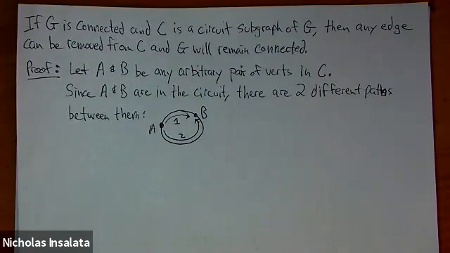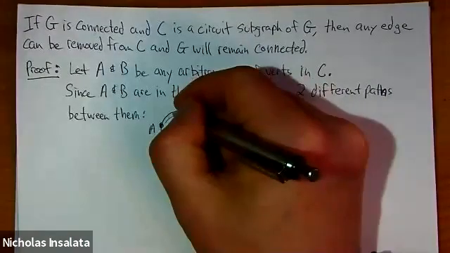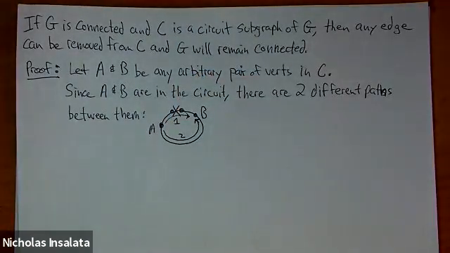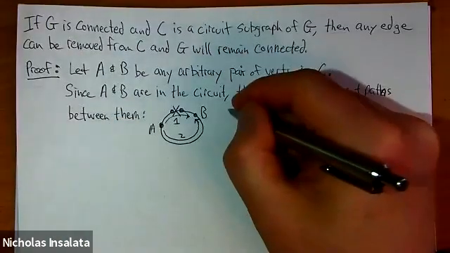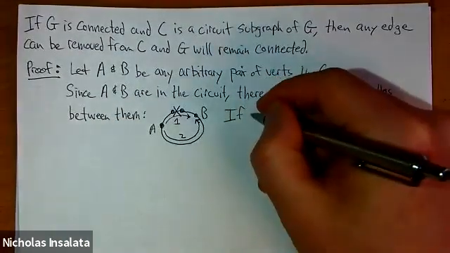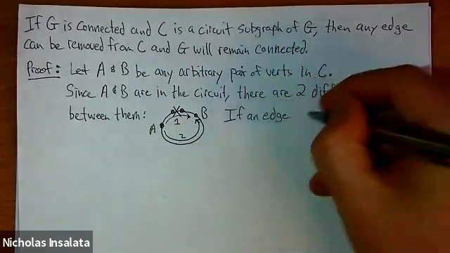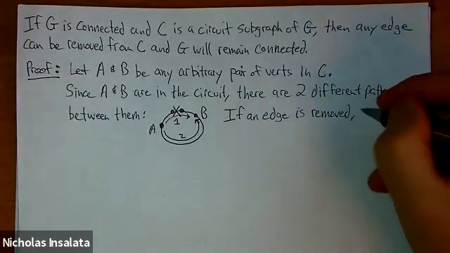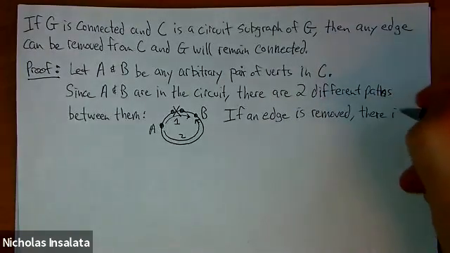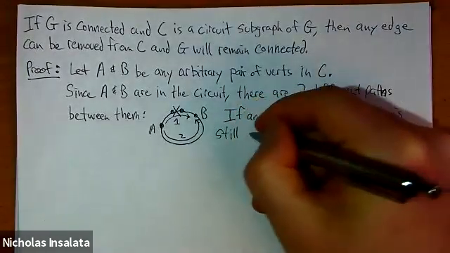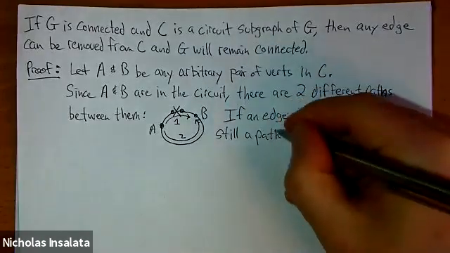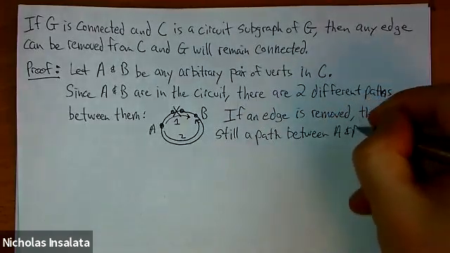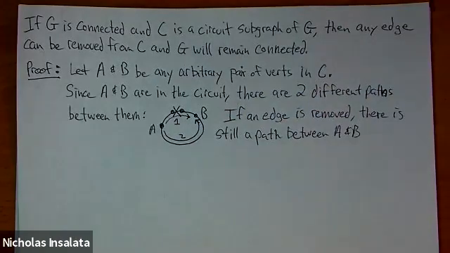Cool. So if we remove one edge, let's say there's an edge right here that we get rid of, if an edge is removed, there is still a path between A and B, just going the other way around the circuit.